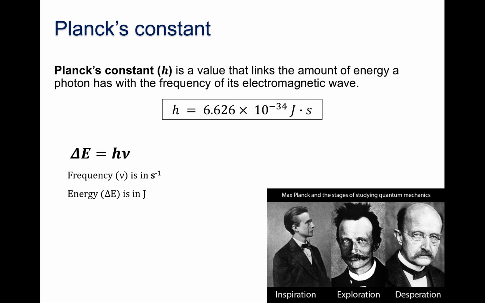So this is a very small number. And the equation for that is the change in energy is equal to Planck's constant times the frequency. And the important part of this equation that you'll need to remember is the units that each variable is expressed in. Frequency is going to be expressed in inverse seconds, and energy will be expressed in joules.